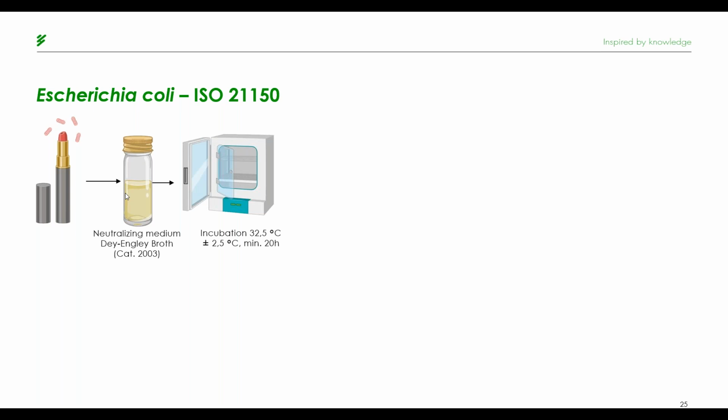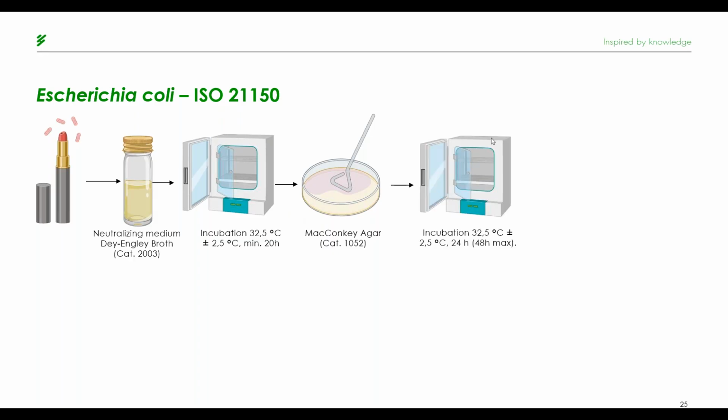We incubate this initial suspension at 32.5 degrees Celsius during a minimum of 20 hours, like we did before in the other analysis. And then we inoculate a plate of McConkey agar. Then we incubate the plate for 24 hours at a temperature of 32.5 degrees Celsius approximately.